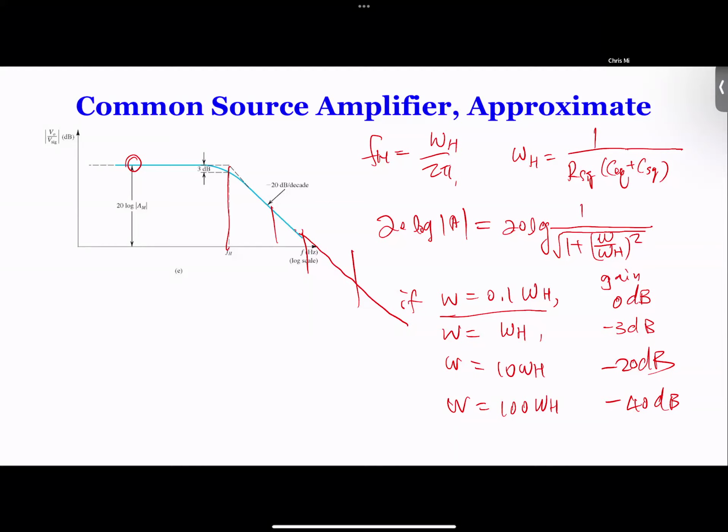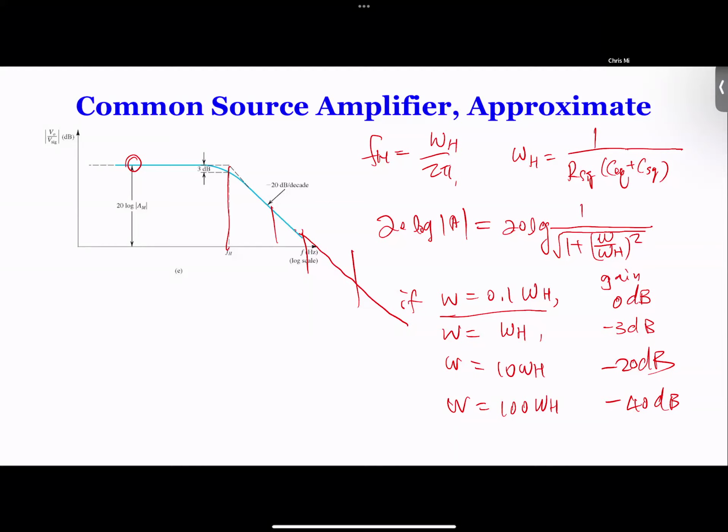After that point, your gain is going to drop linearly on a logarithmic plot. On a linear plot, this is not going to be linear, it's going to be different. But on a logarithmic plot it drops linearly, and a decade means an increase of 10 times. For every decade of frequency increase, your gain drops 20 dB.